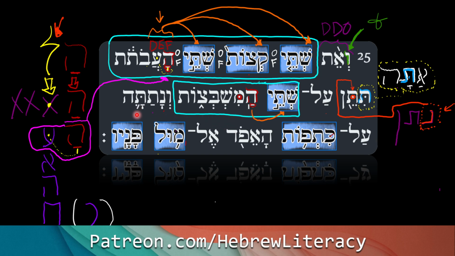Venatata became venatata. Same thing happening here, only over here we have an imperfect form of the verb. Titten. Maybe I'll draw that on there. Let's show the theoretical tav over here. Oops, I reached the edge of my tablet.